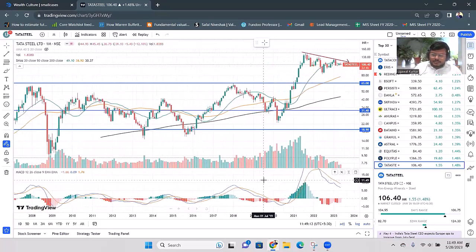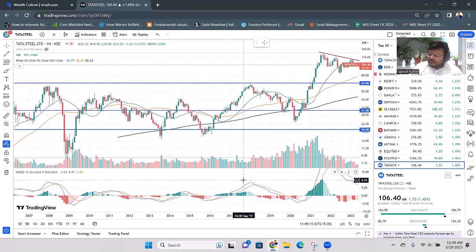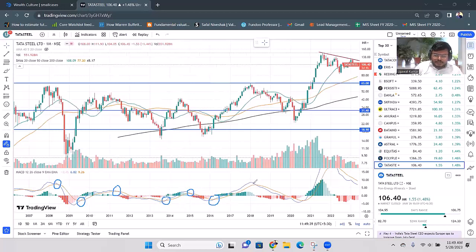So let me show the crossovers very clearly. Just a moment, and then we can see if we are able to figure out. So look at this crossover here. One, this crossover here. So I'll start with 2008 onwards. 1, 2, 3, 4, 5, 6, 7, 8.